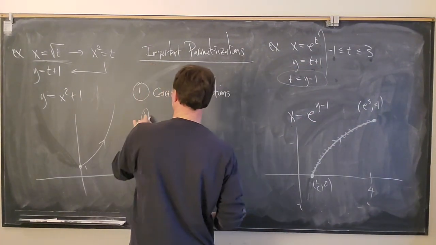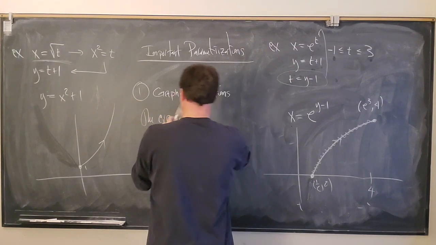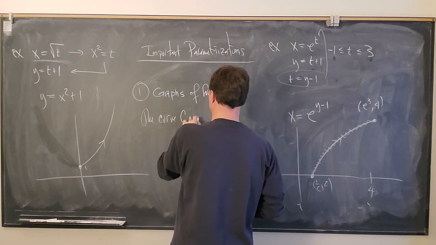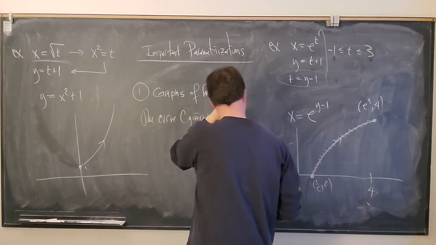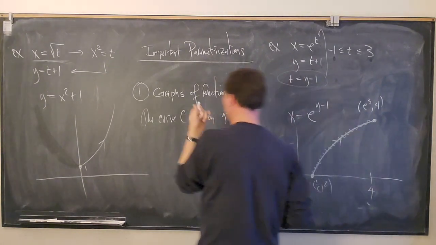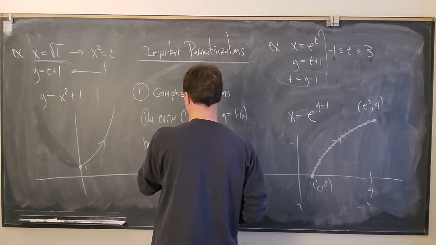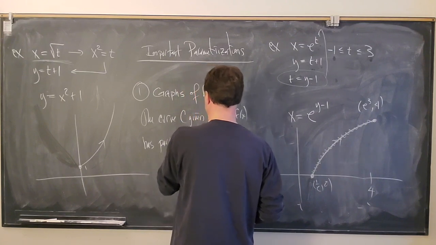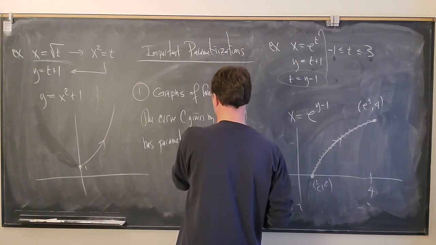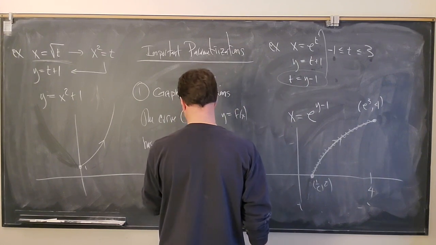So in fact, let me say this in a complete sentence. The curve C given by y equals f of x has parametric equations x equals t and y equals f of t.